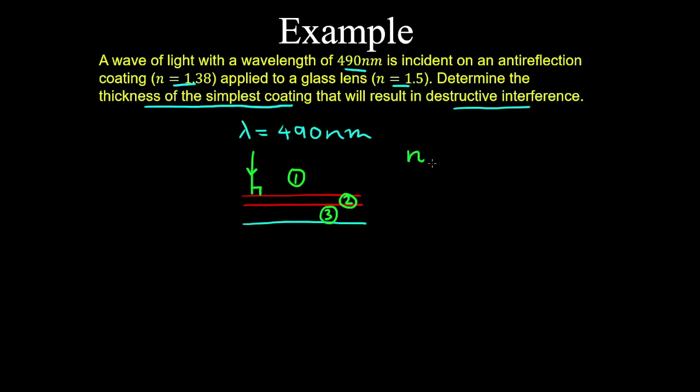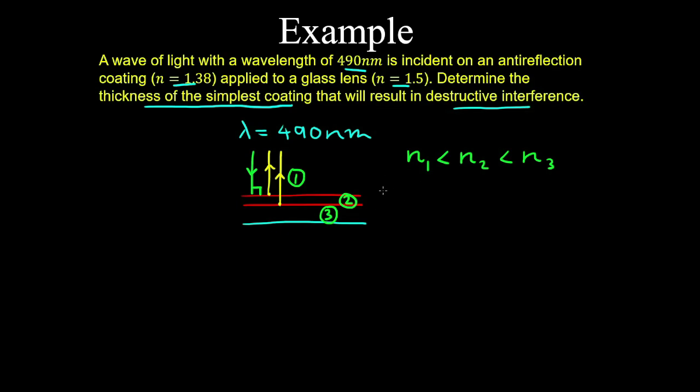then because the refractive index of air is less than that of the coating, which is less than that of the glass medium, then the wave that's reflected from this surface and the wave that's reflected from this interface are going to both be pi shifted.